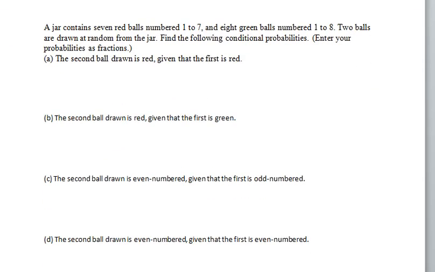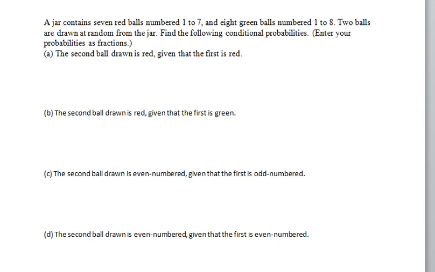Now, the last question in this group is a little bit different because instead of drawing one object, we're going to draw 2 and look at the conditional probabilities relative to the second ball. So this time we have a jar containing 7 red balls numbered 1 through 7 and 8 green balls numbered 1 through 8.